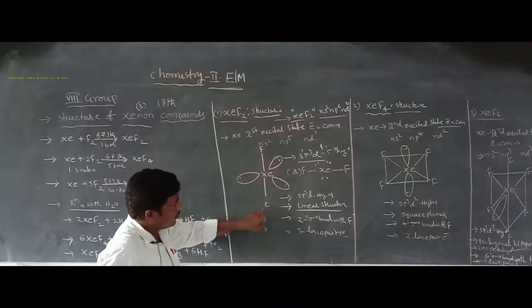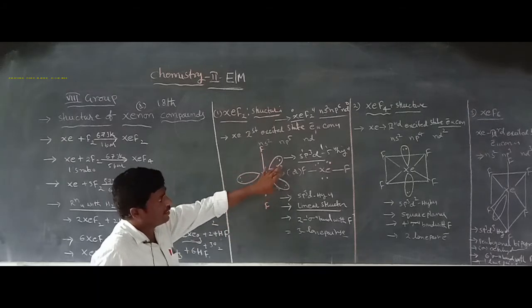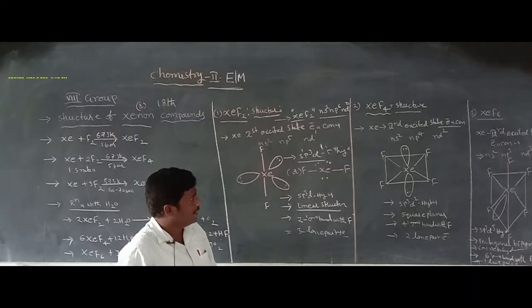Of the 5 sp3d hybrid orbitals, 2 are bond pairs with the fluorine atoms and 3 are lone pairs, giving a linear structure.